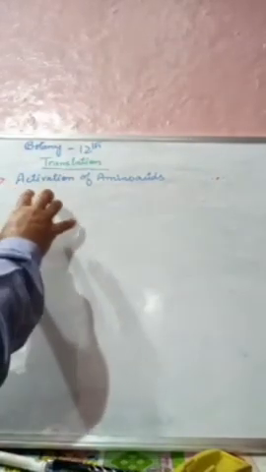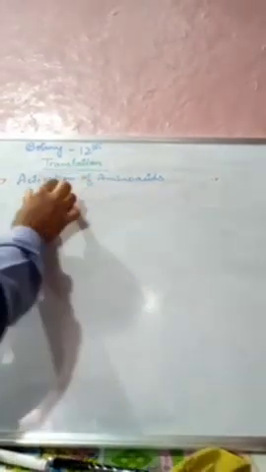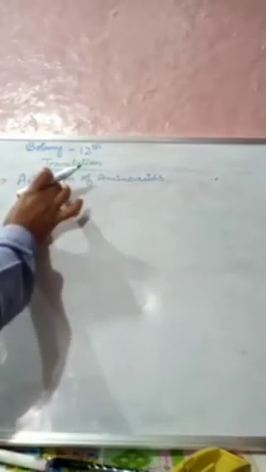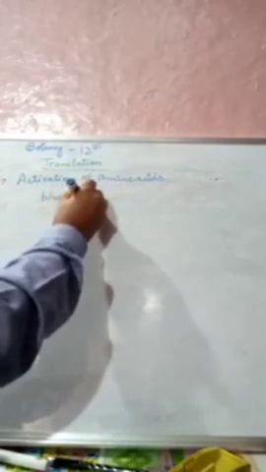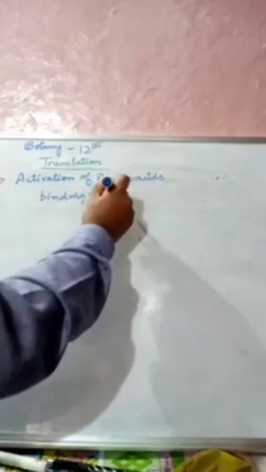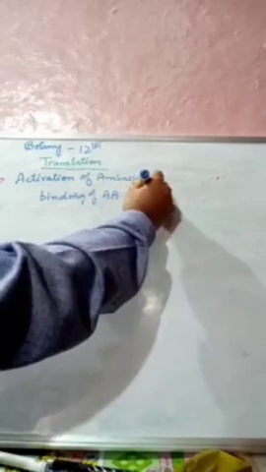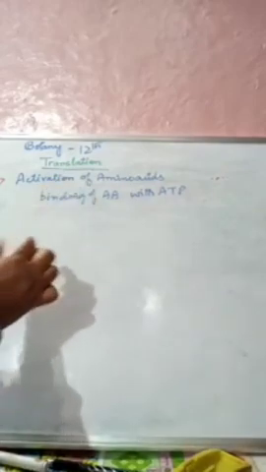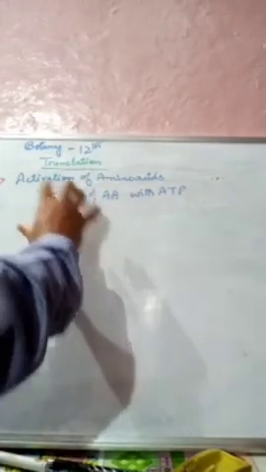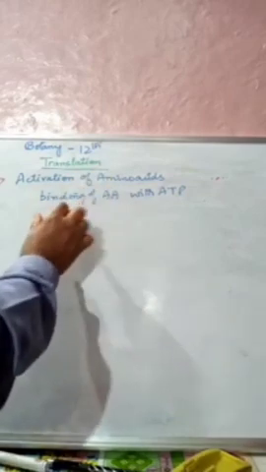Now, we will see how these amino acids are being activated. This reaction is brought about by the binding of amino acids with ATP. How can these amino acids be activated so that they can be converted into the polypeptide chain?